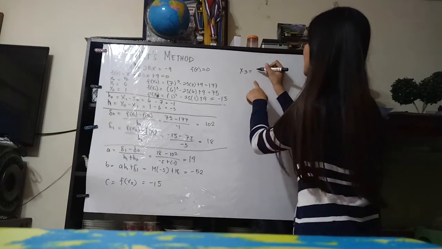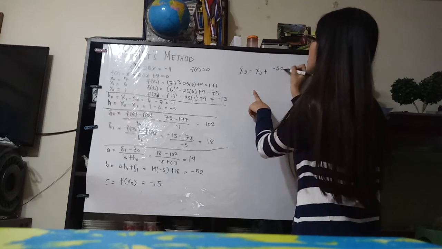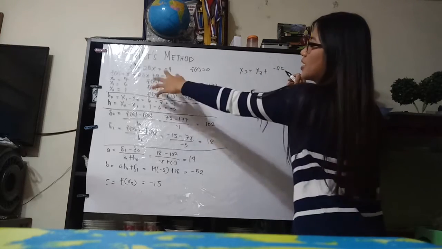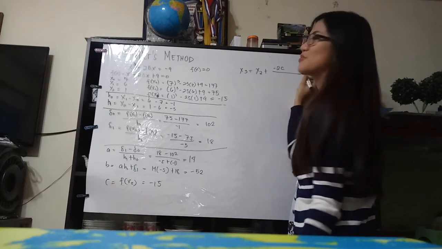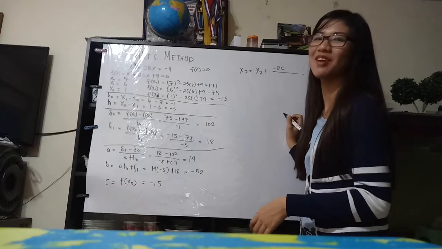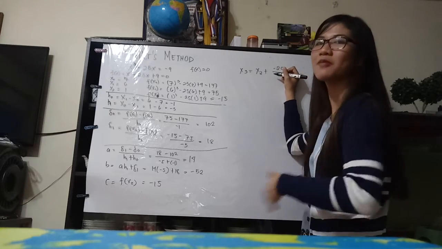For the formula of this, that would be x2 plus negative 2c over b plus or minus the square root of b squared minus 4ac. You have to remember this formula along with the other ones. You cannot solve Muller's method without memorizing it, so you just have to trust me and memorize it. It's easy if you keep on practicing it.